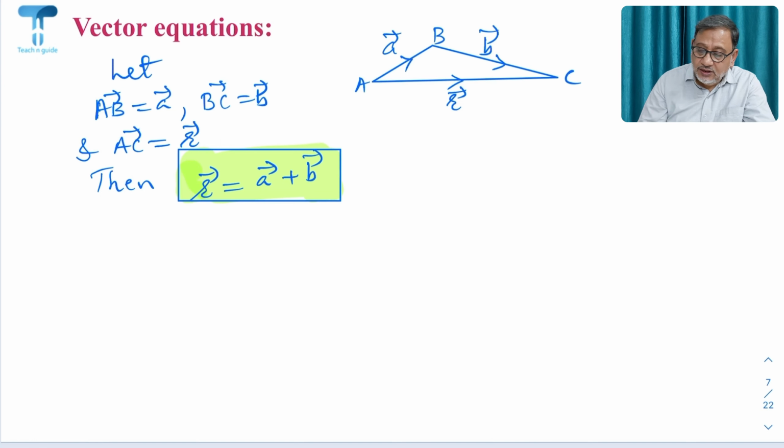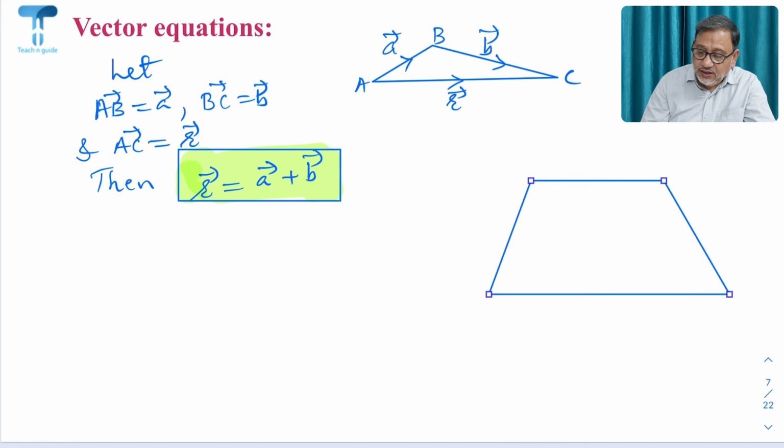In the same way, let me take another shape. Suppose I have this shape.